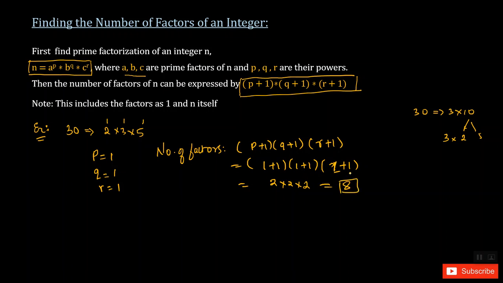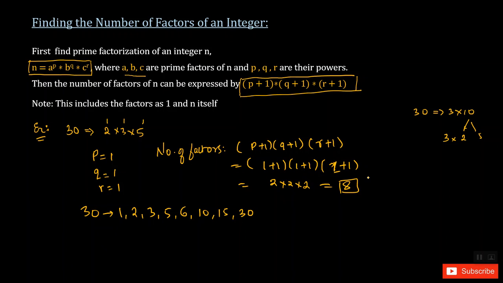So what are those? Look, 30 is divisible by 1, 2, 3, 5, 6, 10, 15 and 30 itself, because whatever factors we are calculating include 1 and the number itself.